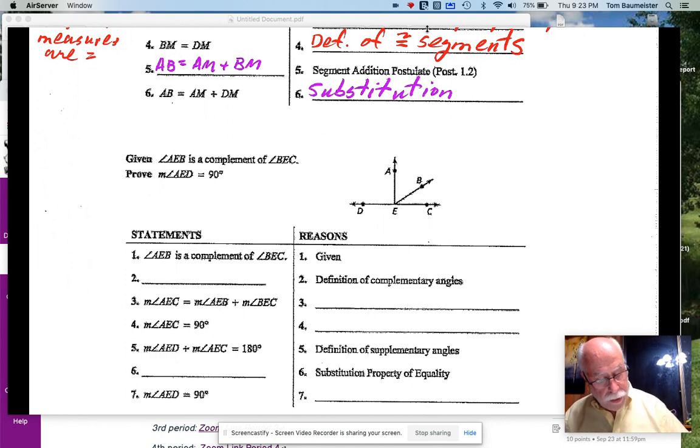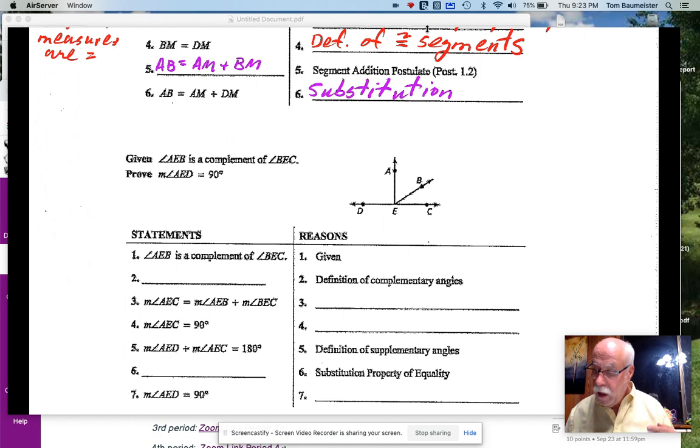Our last one here says, given angle AEB is a complement of BEC. And what does that mean? What does complement mean?